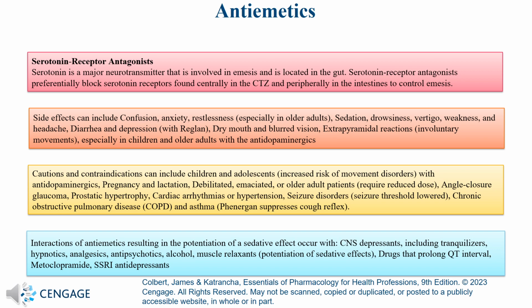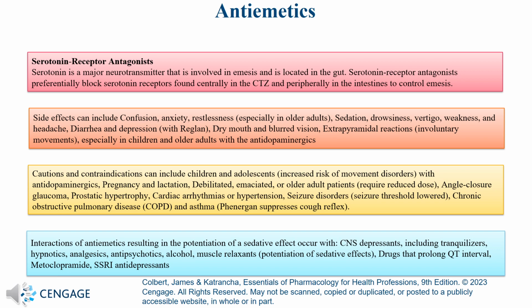It's the serotonin, which is a major neurotransmitter that is involved in emesis and is located in the gut. So, your serotonin receptor antagonist blocks the serotonin receptors found centrally in the CTZ and peripherally in the intestines to control the emesis.